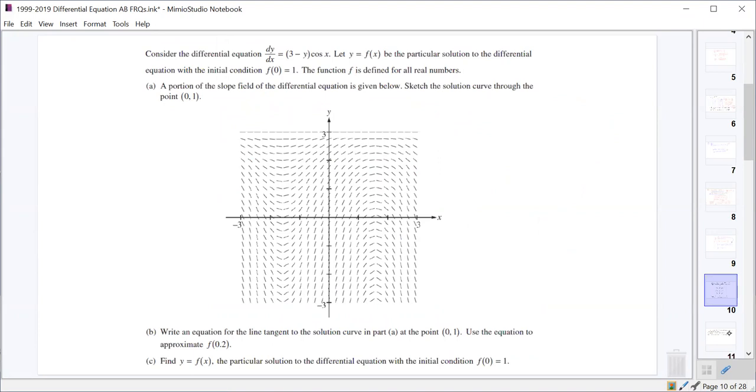All right. I believe this was the next one I asked you to do. That looks right. Oh, good. All right. So first thing we need to do is just sketch that solution curve.